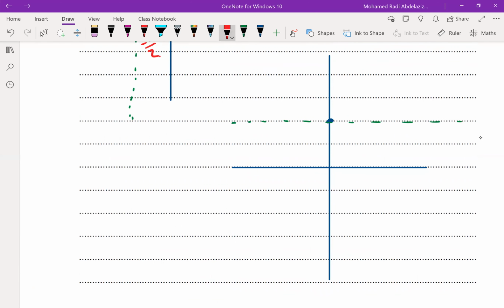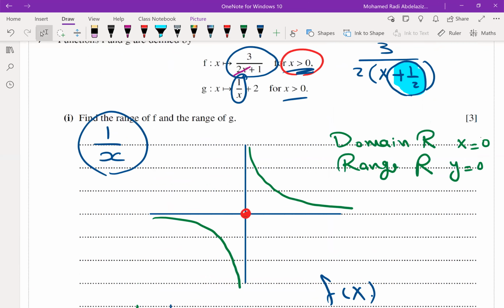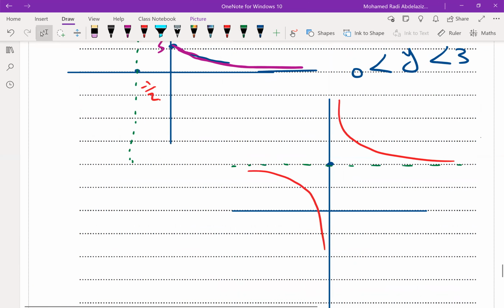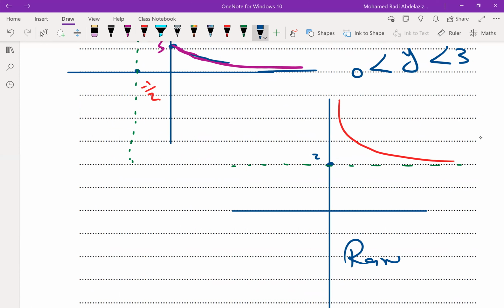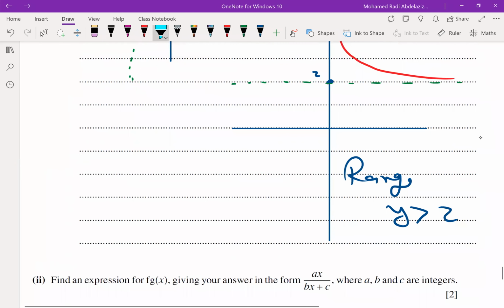The graph will be like this. But the domain is given as x more than 0, so this part only. Now what is the range? It's clear that y is more than 2. This is the range of the first function, and this is the range of the second one.